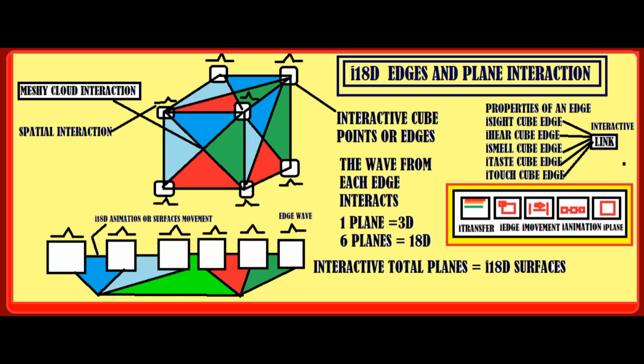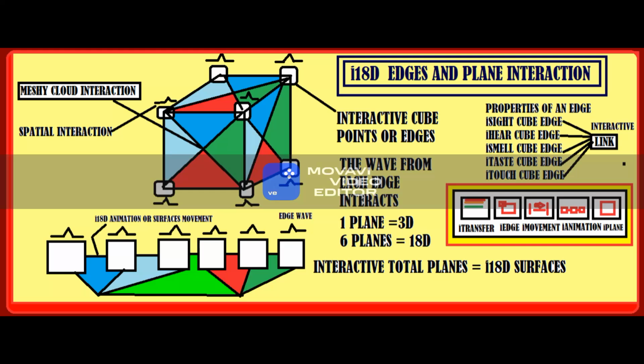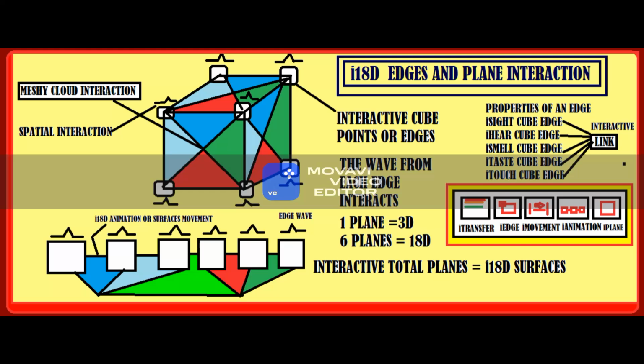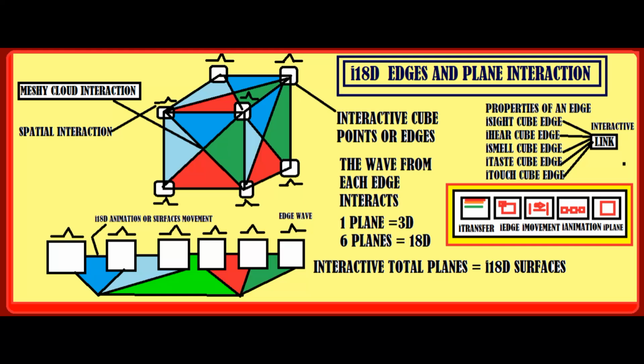And this meshy cloud interaction is an interaction of the planes or an interaction of the edges. For example, if we take this 3D format or 3D plane now and look at these four edges, these four edges are tied together through a meshy cloud interaction and an interactive mode where these four edges interact. So in 3D, there's an interaction, and these interactions are the foundations for animation, the movement of the planes.